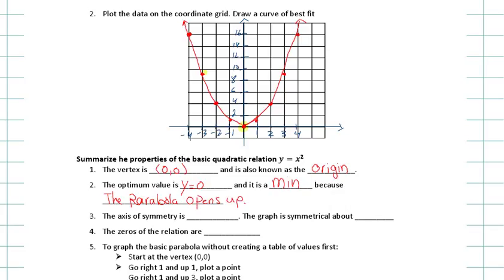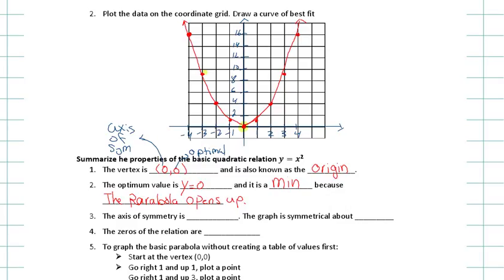Remember that the vertex, attention here please, your vertex, this is your axis of symmetry, and this is the optimal value. If you know what your vertex is, you already know the answers for the other two, because they're right there.